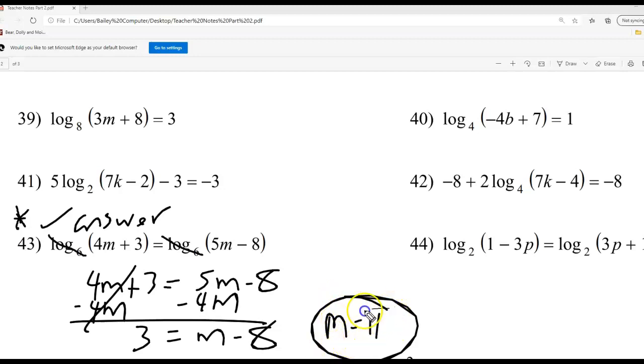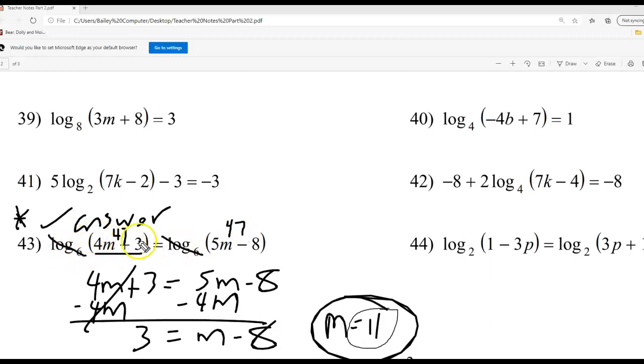And how do you check your answer? Well, you take the answer you got for the variable, which is 11, and you plug it in. If I plug in 11 here, I get 44 plus 3, which is 47. And that's okay. If I plug in 11 here, I get 55, take away 8, which is also 47, so we're good to go.